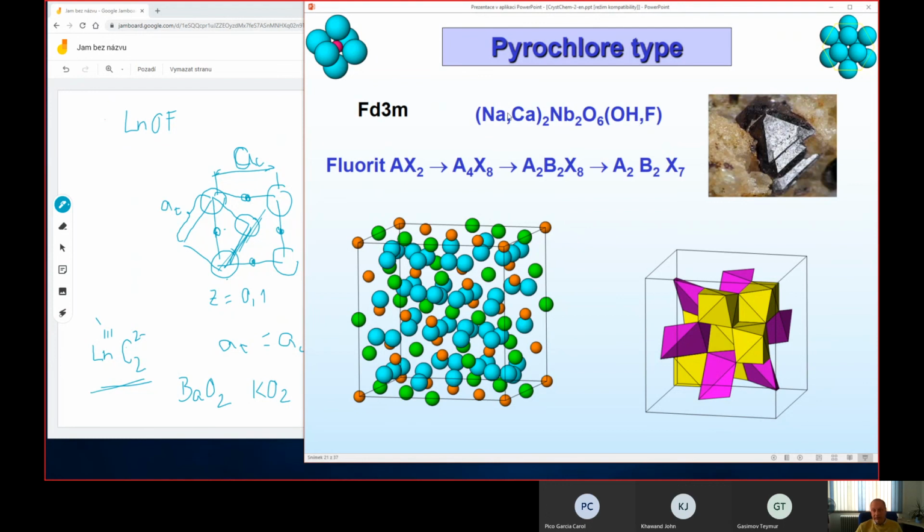But this is already a so-called solid solution, so we introduce the substitutional defects, and I'm going to talk about the defects later on. So here there is a random distribution of sodium and calcium atoms on this sublattice. And the resulting ideal pyrochlore structure looks like that, but as I mentioned, it can be derived from the fluorite structure.